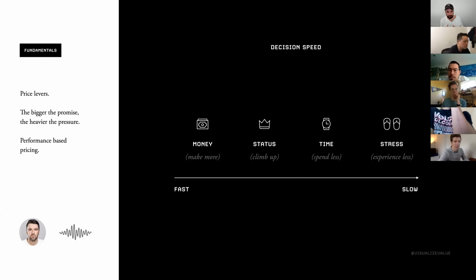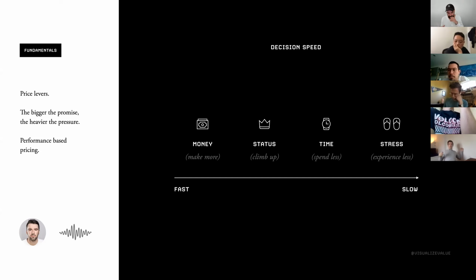In a lot of cases, especially in B2B, if you can promise a return, it just becomes a fiduciary responsibility, right? If you can take $10,000 and turn it into $20,000, $30,000, $40,000, $50,000 for someone, then it's an easy decision. It's a fast decision for somebody to make.